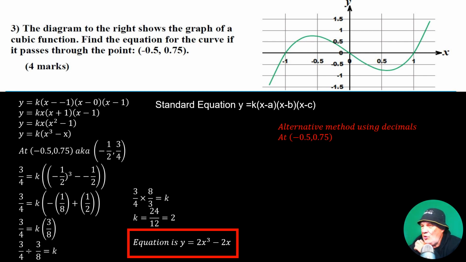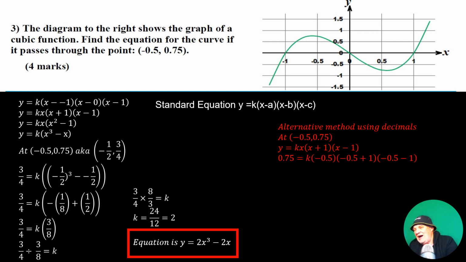But you can see it's relatively simple here now that I've had some time to put it all together and formulate it. So then we look at -0.5 and 0.75, and we substitute them into our equation at this point rather than simplifying it further, and we get 0.75 equals k(-0.5)(-0.5 plus 1)(-0.5 minus 1), because x is -0.5.